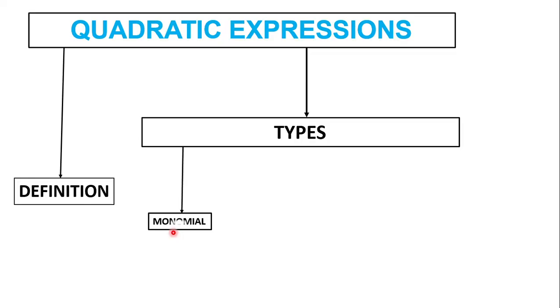Namely monomials, quadratic monomial expressions. We shall define quadratic monomial expressions using examples. We shall look at a type of quadratic expressions called quadratic binomial expressions.